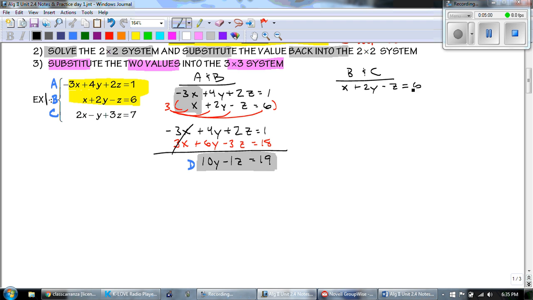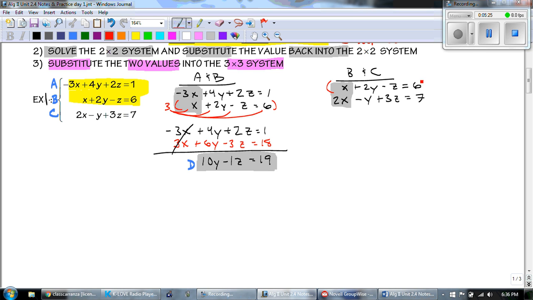And then on the bottom, we have 2x minus y plus 3z equals 7. Now, you guys might be thinking, oh, I could cancel the z's really easily, or oh, I could cancel the y's. That's not going to help you, okay? Not right now. First step is we have to cancel the x's, okay?